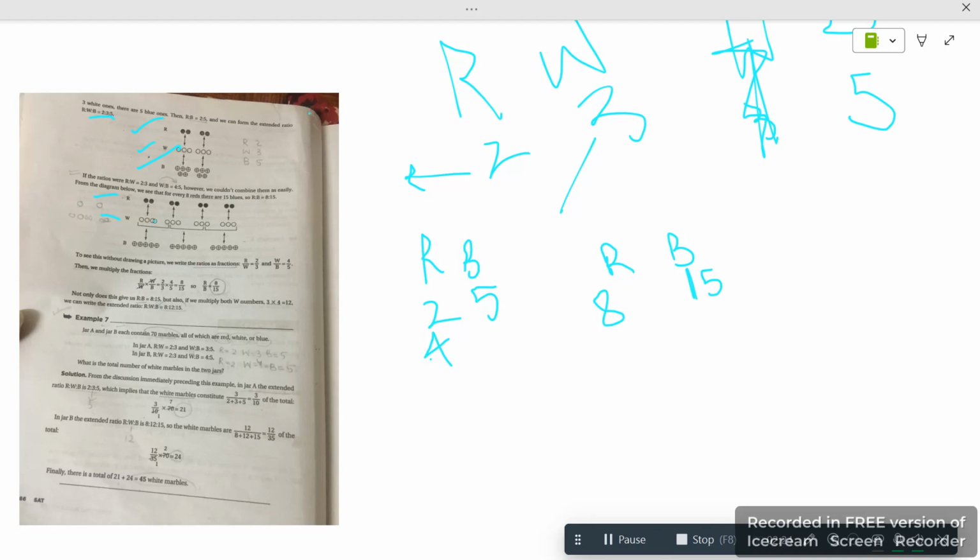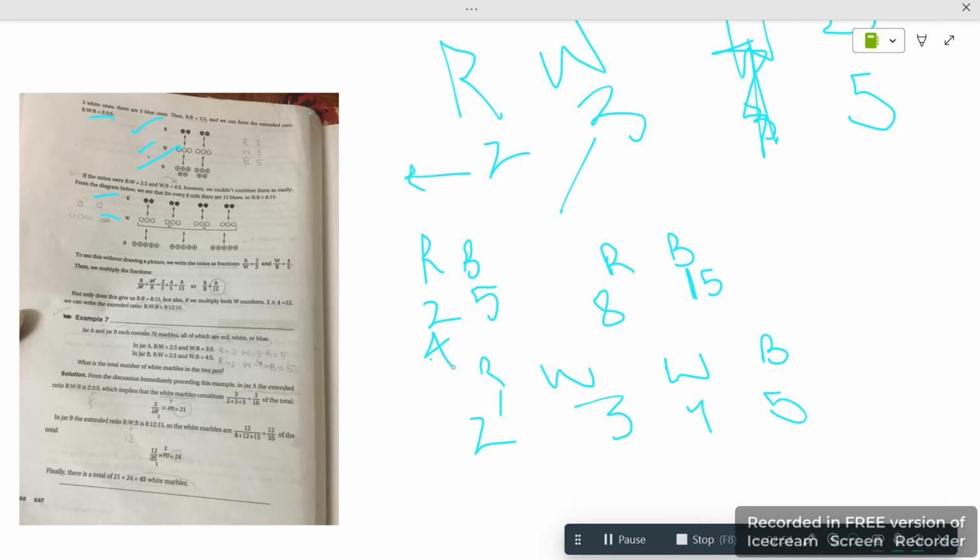Red and white, when they are added, you can see they are saying that if the ratio of red and white is 2:3 and of white and blue is 4:5. Okay, so let me just write R, W and again W, B. So red is 2, white is 3, again white here is 4, blue is 5.